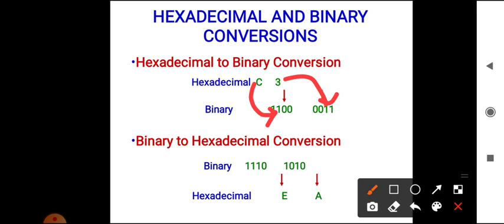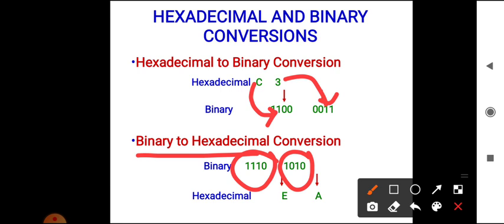And binary to hexadecimal also is there. Suppose 1110 is a binary number, and 1010 is also a binary number. Suppose I am converting 1010 into decimal: 2 power 0 into 0, plus 2 power 1 that is 2 into 1... plus 2 power 3 that is 8.